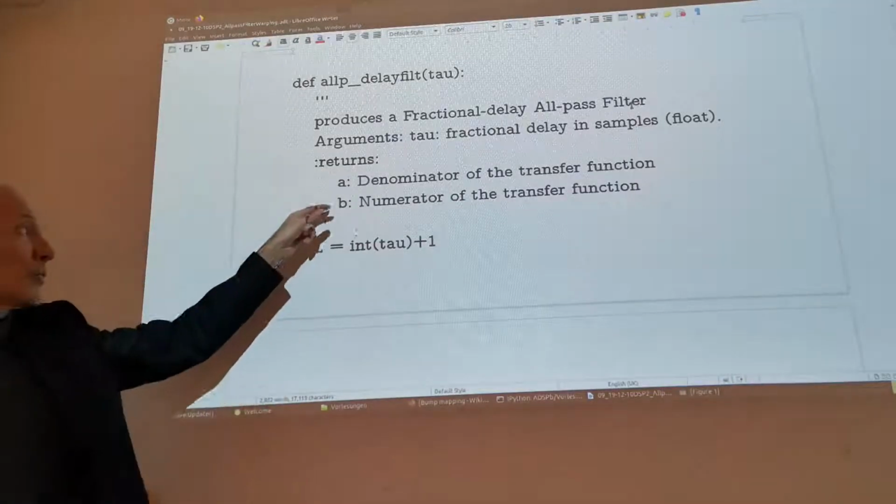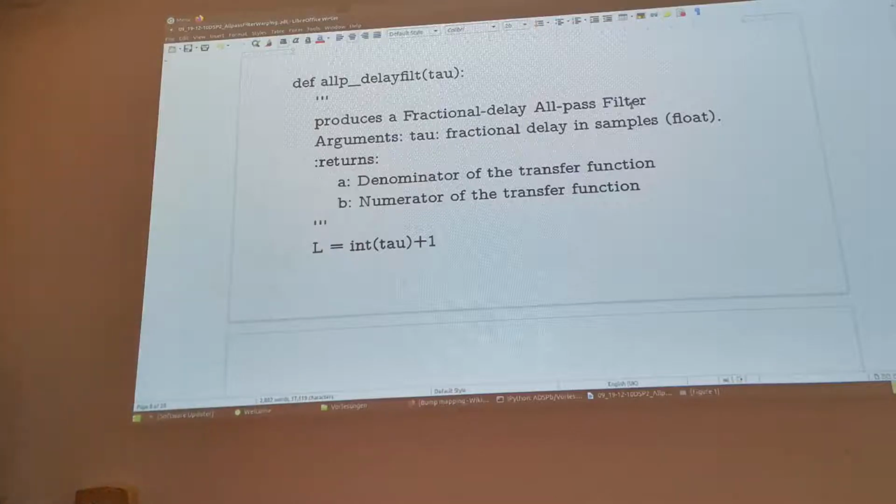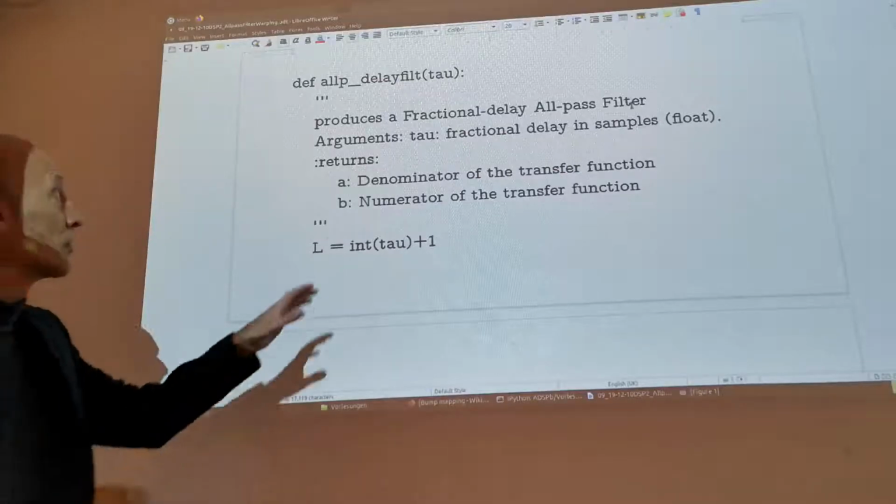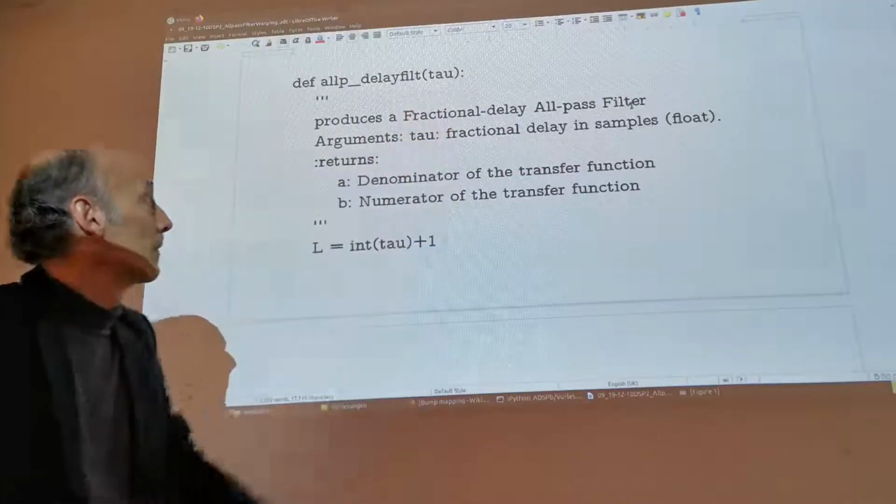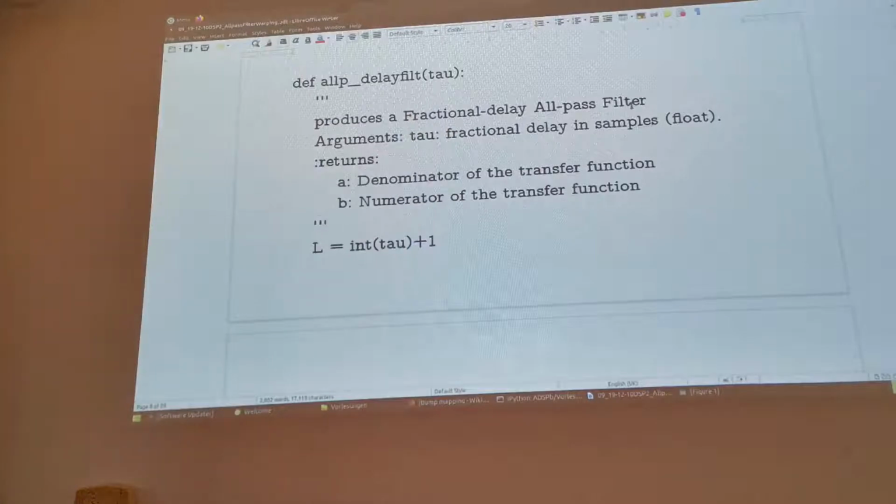So B for the feed-forward coefficients and A for the feedback coefficients, as we had before. From this desired delay tau, it computes those coefficients, and those coefficients are then an all-pass filter, an IIR all-pass filter.